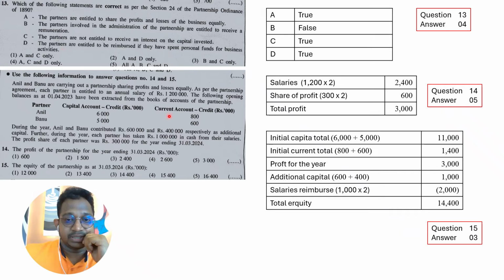And then 14th and 15th, they are given the capital account and current account opening balances and the profit, and some other information as well. Then they're asking the effect on the partnership and the equity of the partnership in the end. So Anil and Banu are carrying out the partnership sharing profit and losses equally.